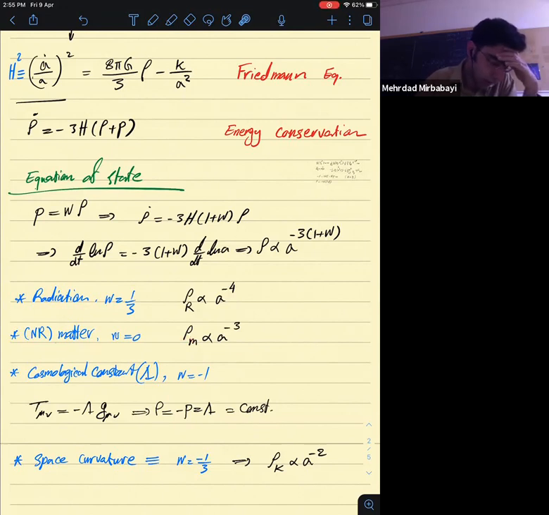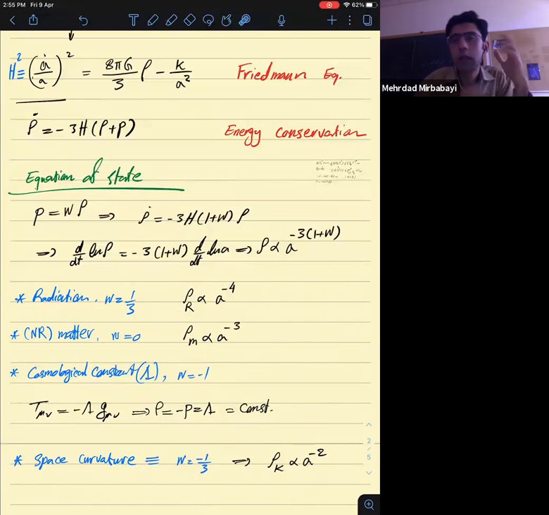These components will dilute in different ways with time. Or maybe they don't dilute. For instance, the cosmological constant doesn't dilute, while radiation dilutes faster than anything else in this list.